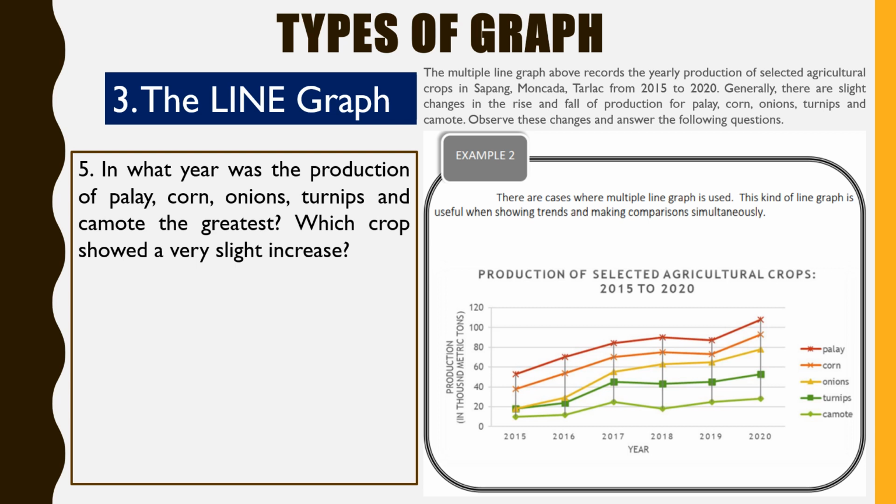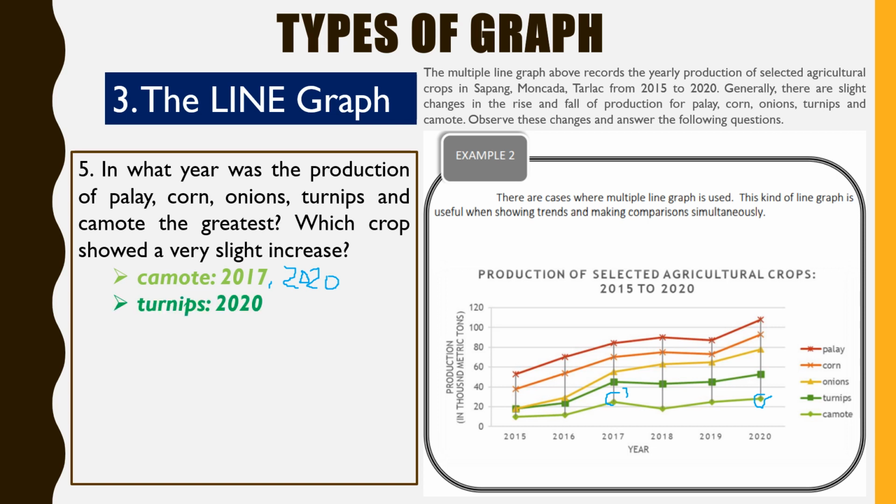Question number 5. In what year was the production of palay, corn, onions, turnips, and kamote the greatest? Let's answer that first. For kamote, the greatest production is in this year, that is 2017, and also in this year, so that should be 2017 and 2020.